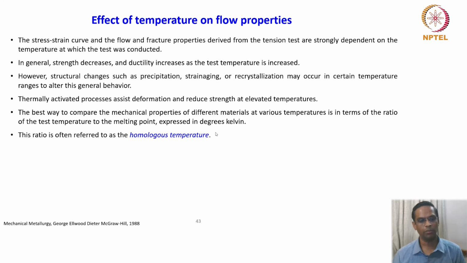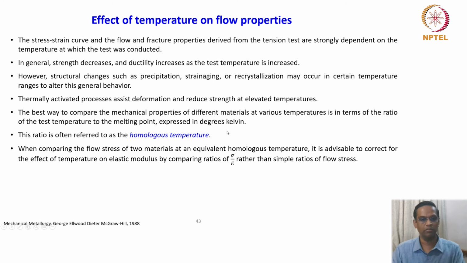You refer to this parameter called homologous temperature, and then compare the mechanical properties of different materials. This also we will see as we study high temperature deformation behavior in detail. We will use only these parameters. That time also you will appreciate this much better.